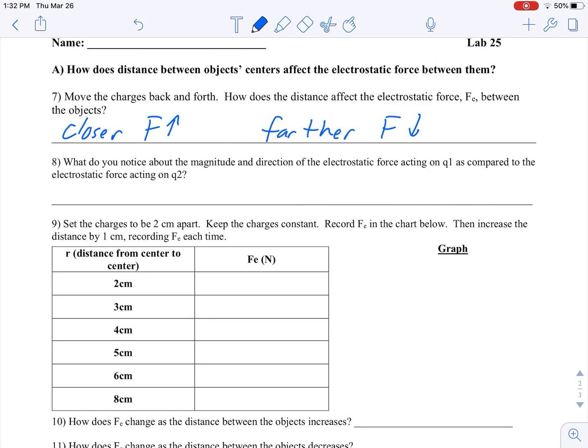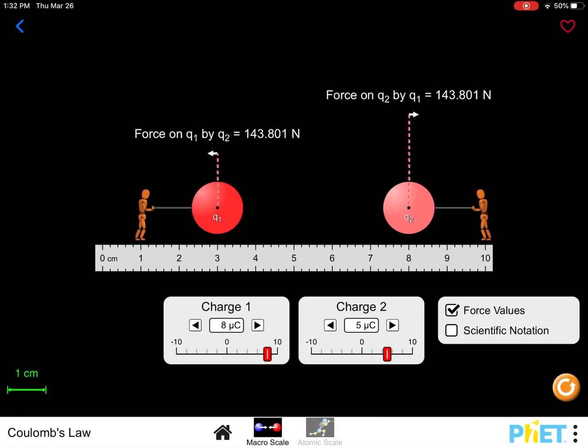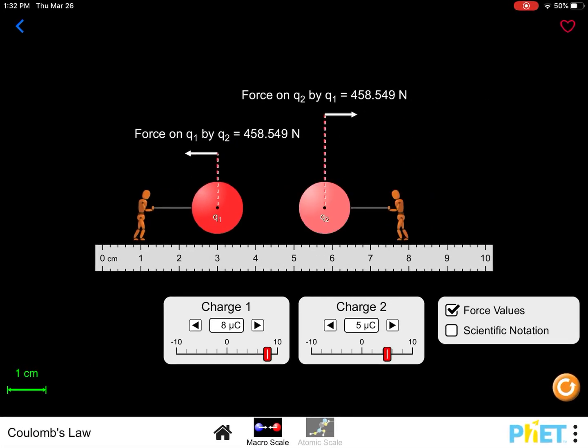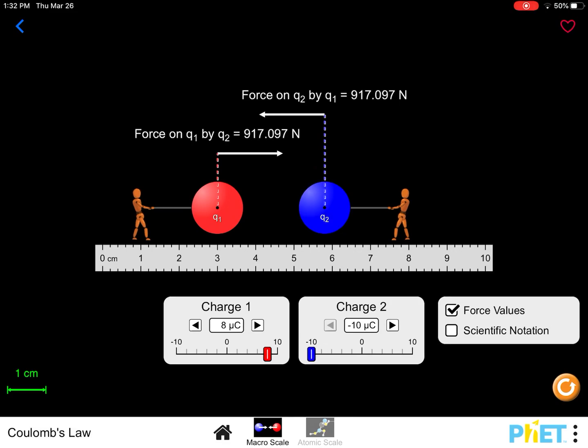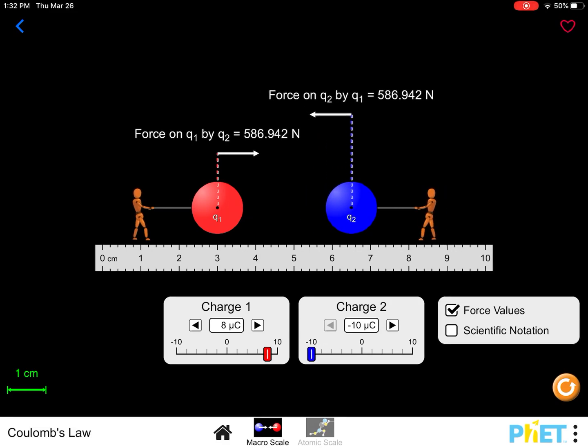What do you notice about the magnitude and direction of the electrostatic force on Q1 as compared to the electrostatic force on Q2? So if we look right now, notice that both charges feel the exact same force, but look at the direction. They're in opposite directions, right? Now what if I made one the other way, one negative? Well, the magnitude is still the same, and the directions are still opposite. Now they're just pointing towards each other.